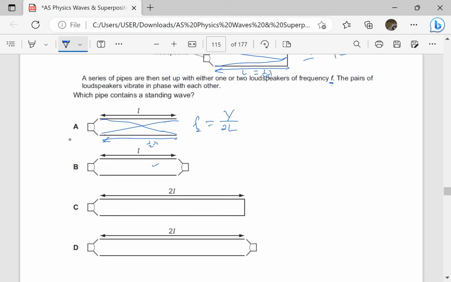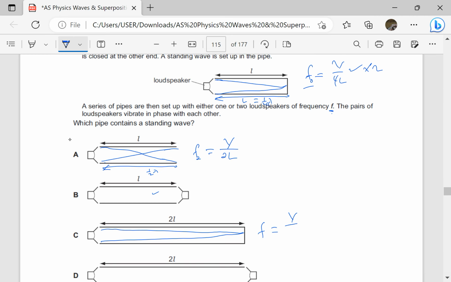Then let's check this closed one. If the length is 2L, and note that the frequency is F. To cause a stationary wave here, the frequency required is V divided by lambda, because 2L is equal to a quarter of a wavelength, so lambda is 2L times 4, which is 8L.